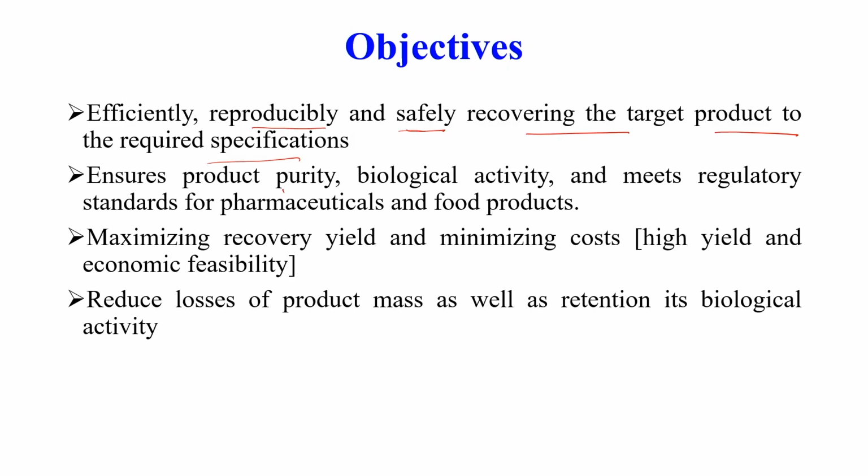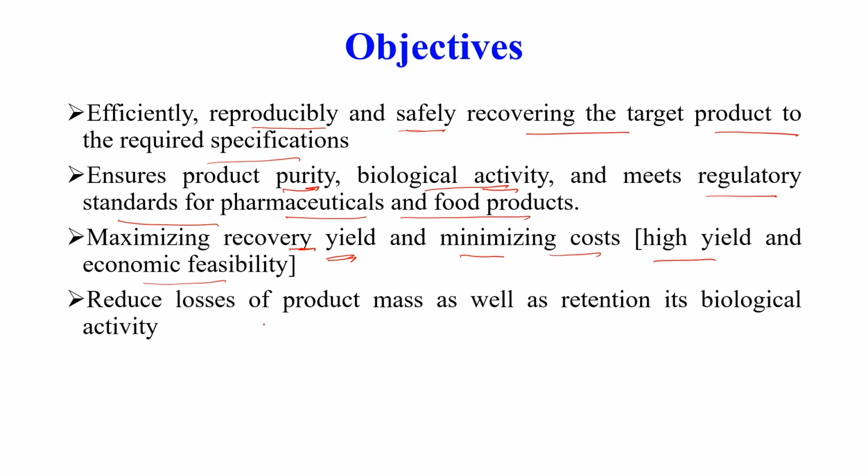To ensure product purity, its biological activity and meet the regulatory standards, particularly for pharmaceutical and food products. Then from the commercial point of view, we need to maximize the product yield and minimize the cost. So, it should have high yield and economic feasibility.